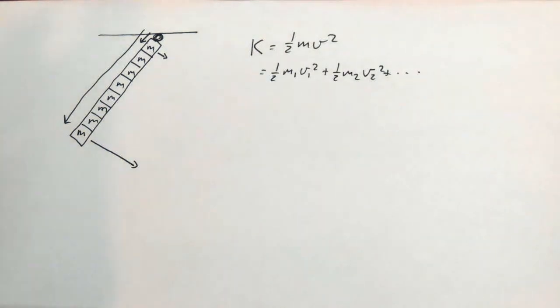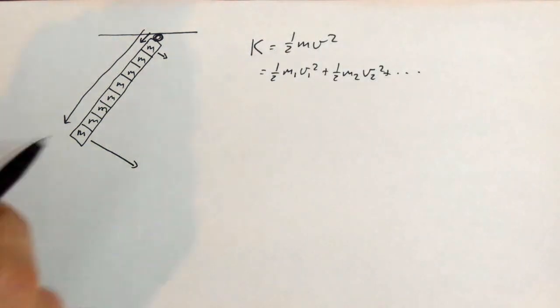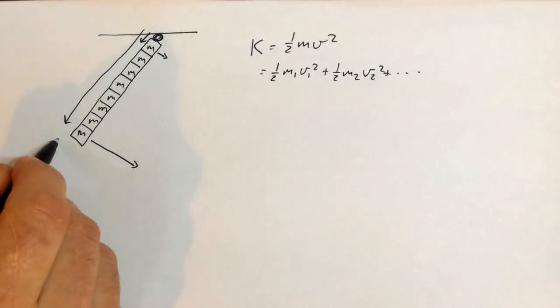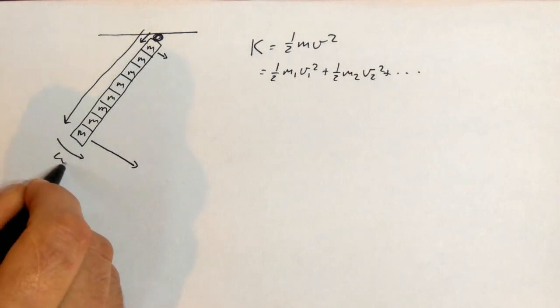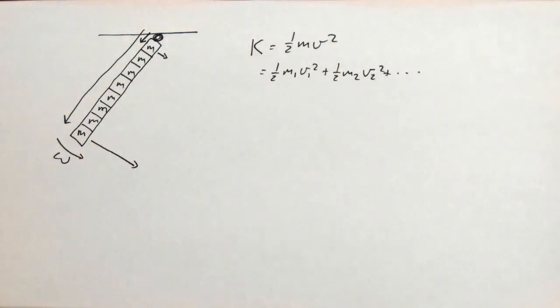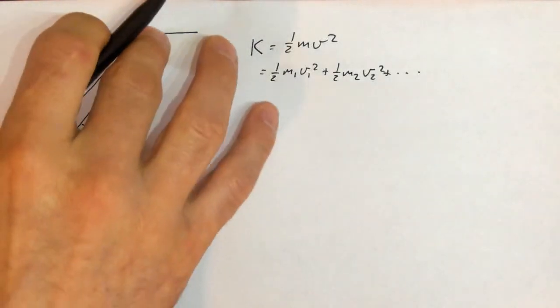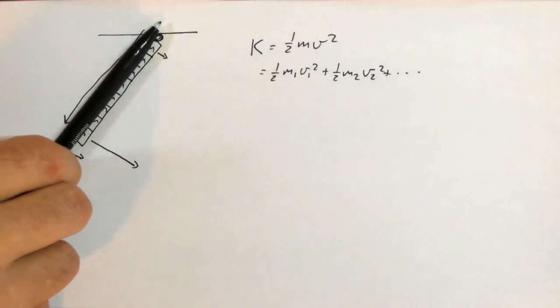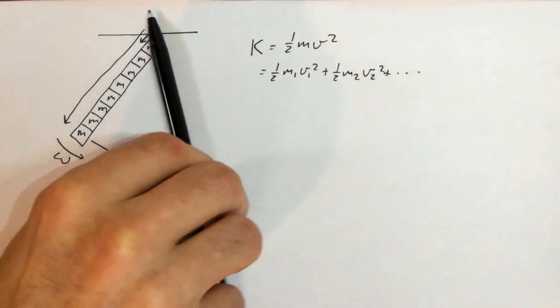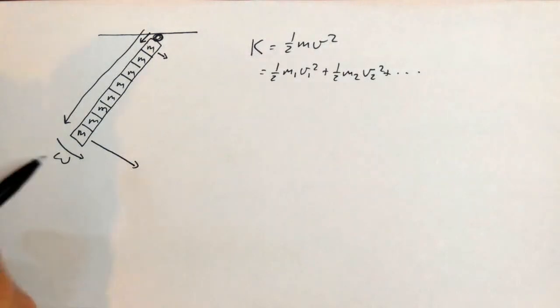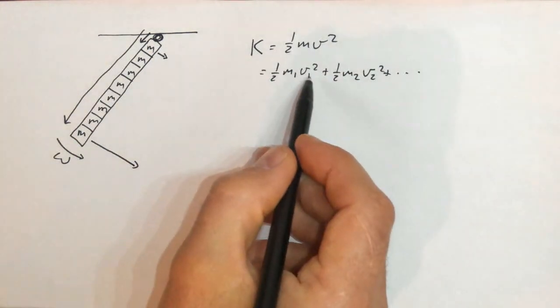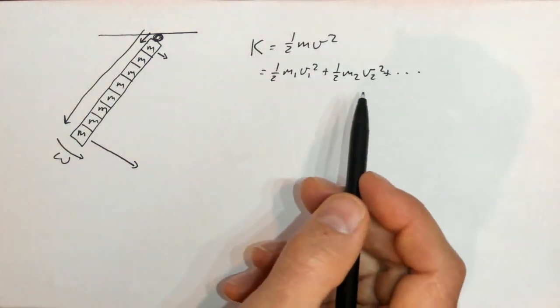Now, something that is nice is that though their velocities are different, the angular velocity is constant for all of them. It matters what angle the object goes through in time, and these all go through the same angle in time. And so their angular speed is the same. So we don't have an omega-1 and omega-2. They're all the same.